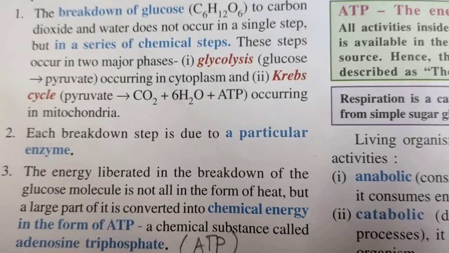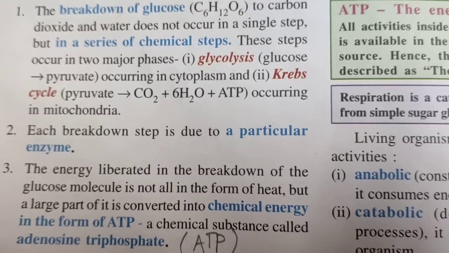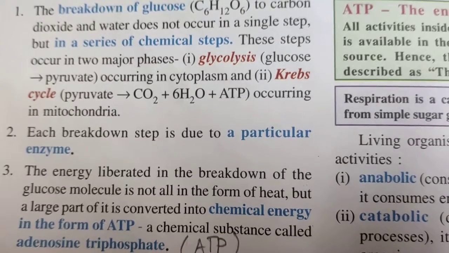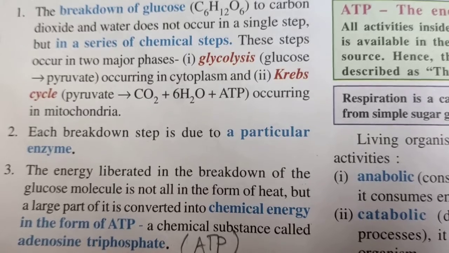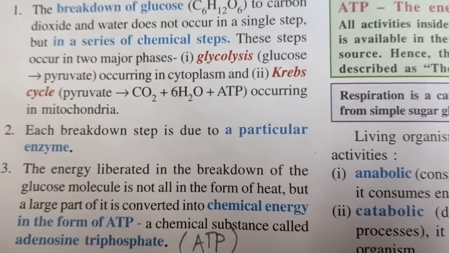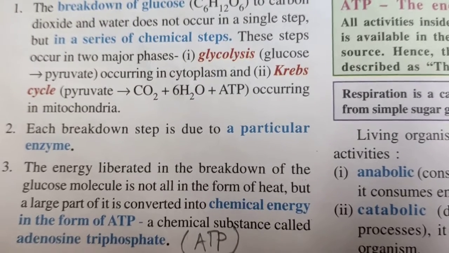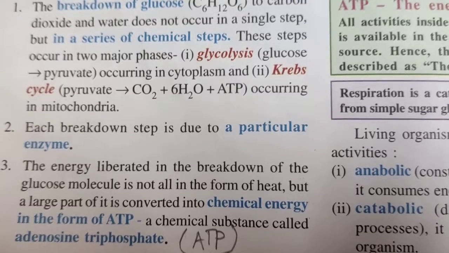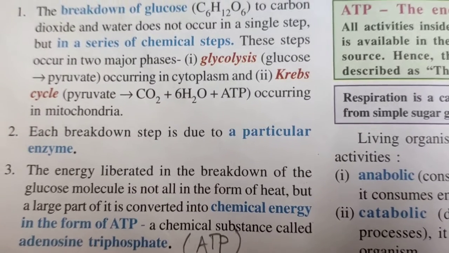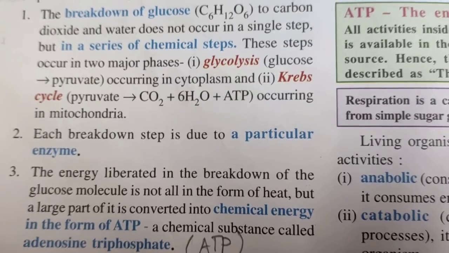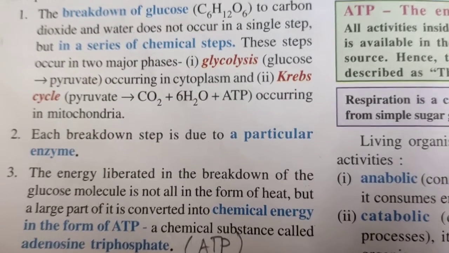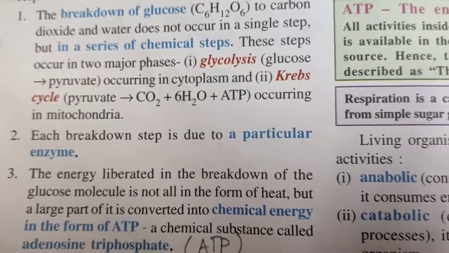The energy liberated in the breakdown of the glucose molecule is not all in the form of heat, but a large part of it is converted into chemical energy in the form of ATP, a chemical substance called adenosine triphosphate. So whatever energy is liberated, it is liberated in the form of ATP, that is adenosine triphosphate.